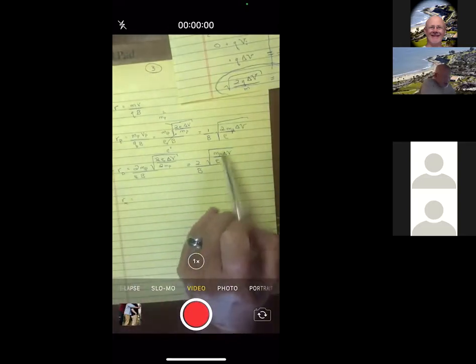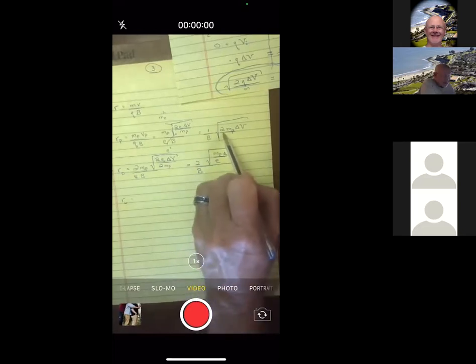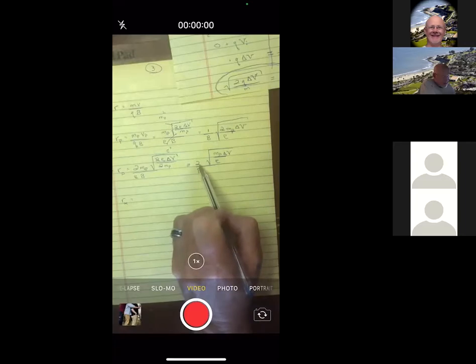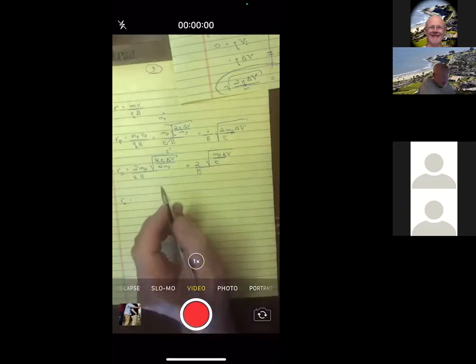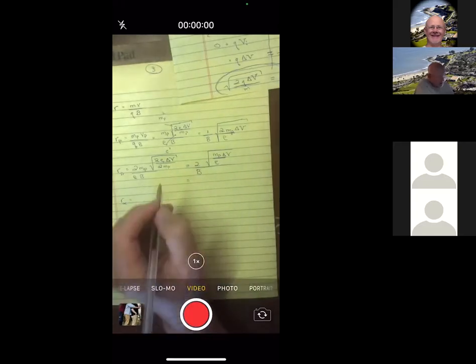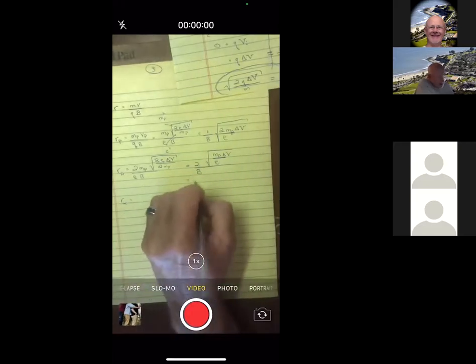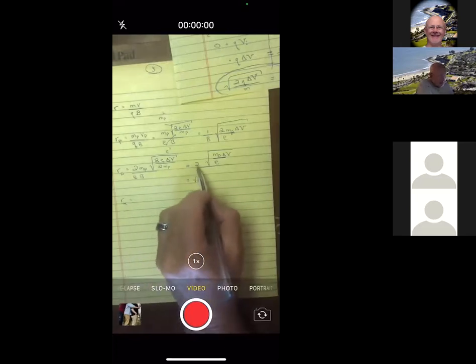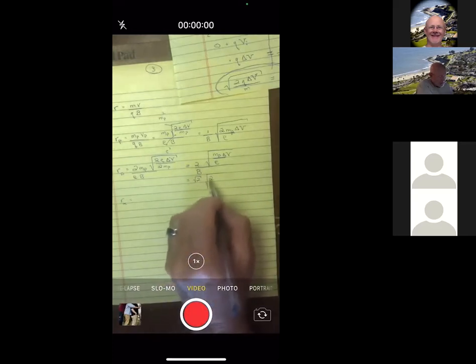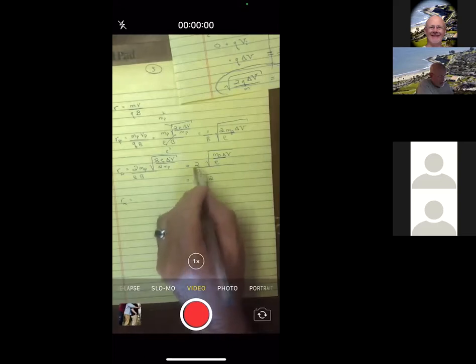And this looks an awful lot like that one, except this one has a square root of 2, and this one has a 2 out in front, which we could write in this way. We could write it as the square root of 2 times the square root of 2. And so I'll put the 2 inside. That's that 2. We still have the B outside.